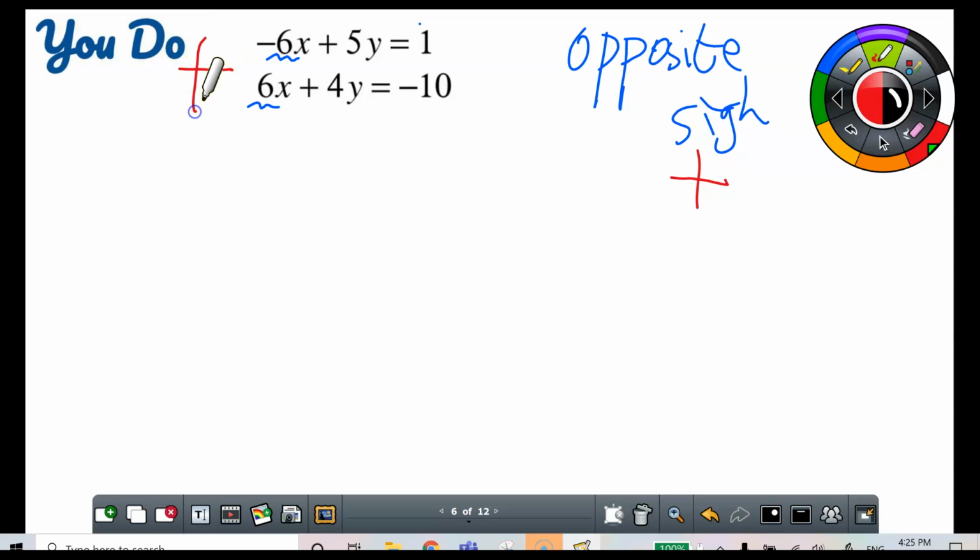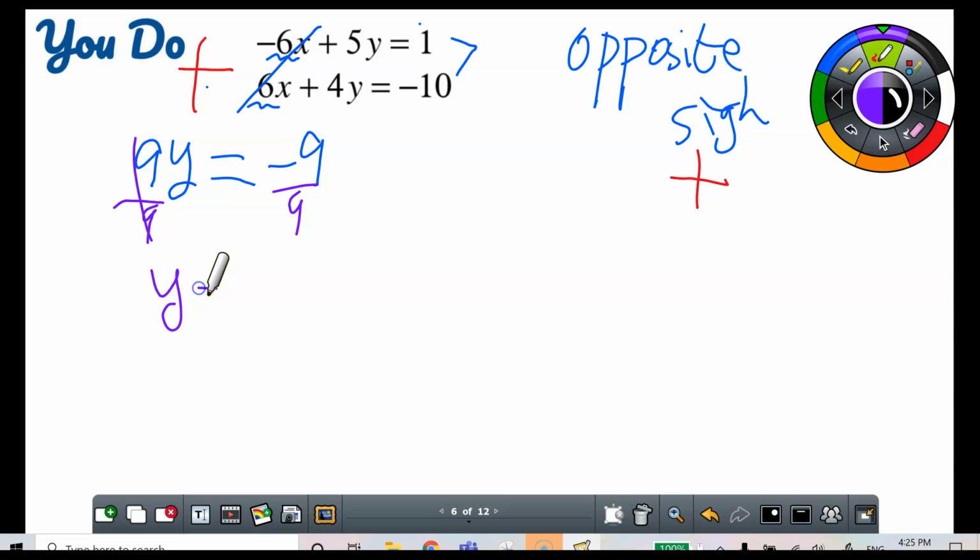So add up the two equations, pair by pair. Negative plus positive is 0. And 5 plus 4 is 9. Y equals, add up the two numbers is -9. And solve the equation for y by division. So you have y equals -1.